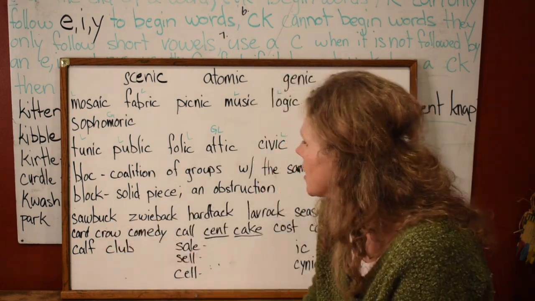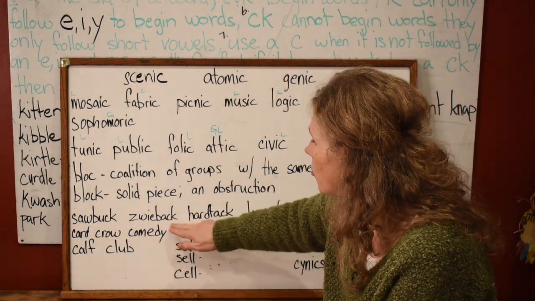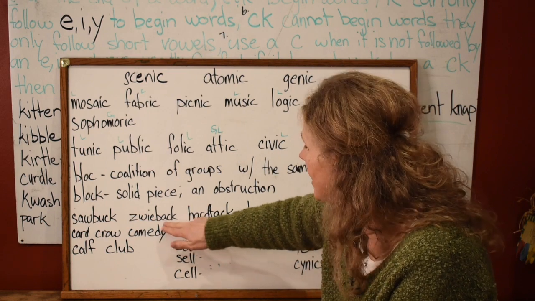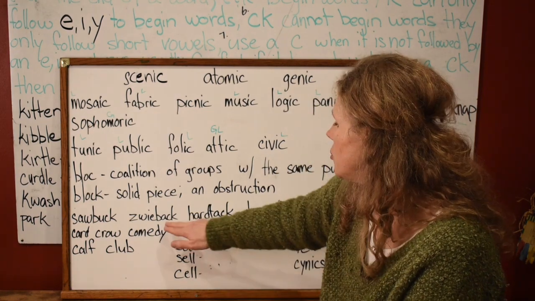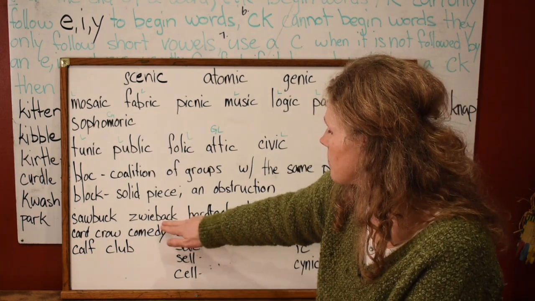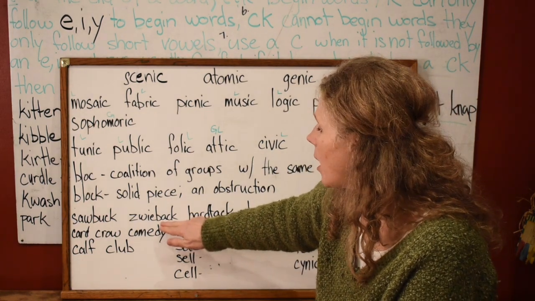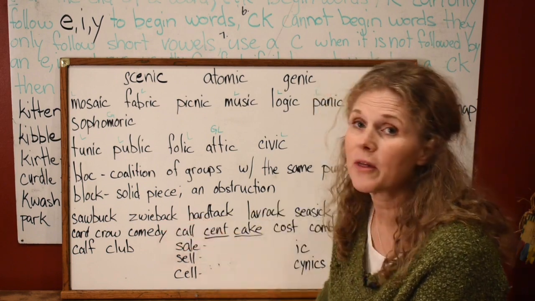You don't do that. Zwieback. Right here is your base word, ACK. It doesn't matter if it's a multi-syllable word when you have your K sound. If it's not ick, you spell it with a CK.